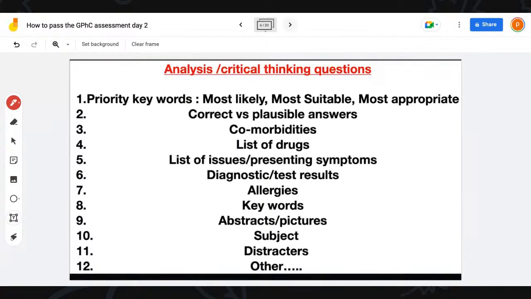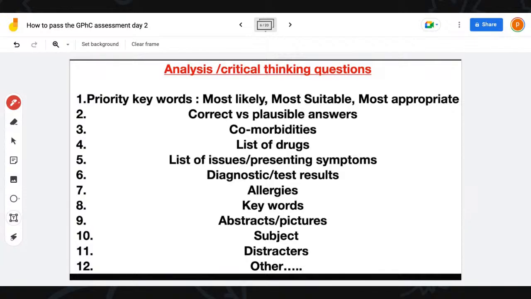This is the area that can cause you to fail the exam. If you look at the GPhC's feedback after every single exam, they always mention that the area where students fail the most is these type of questions. I just spoke to a professor who told me the same thing. This is the first time you're probably having a critical thinking session, and there are a few key things you have to look out for.